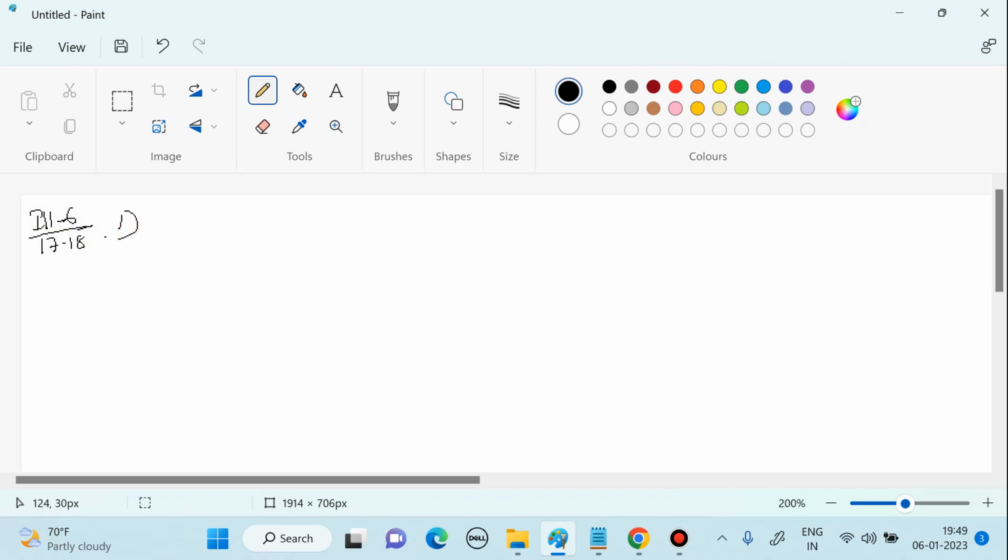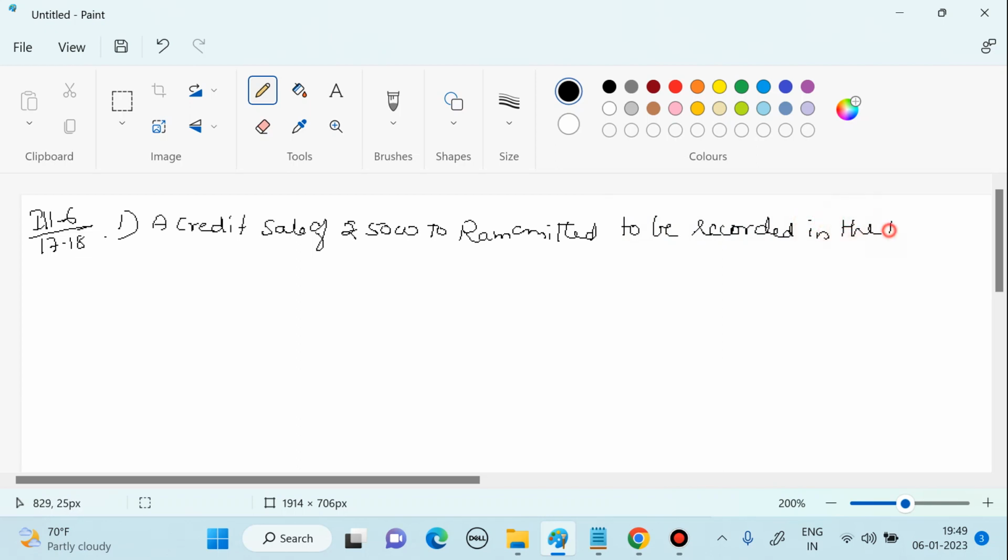First one, a credit sale of rupees 5,000 to Ram omitted to be recorded in the books. So, the business made a credit sale to Ram for 5,000 but forgot to record that particular credit sale to Ram in the books.